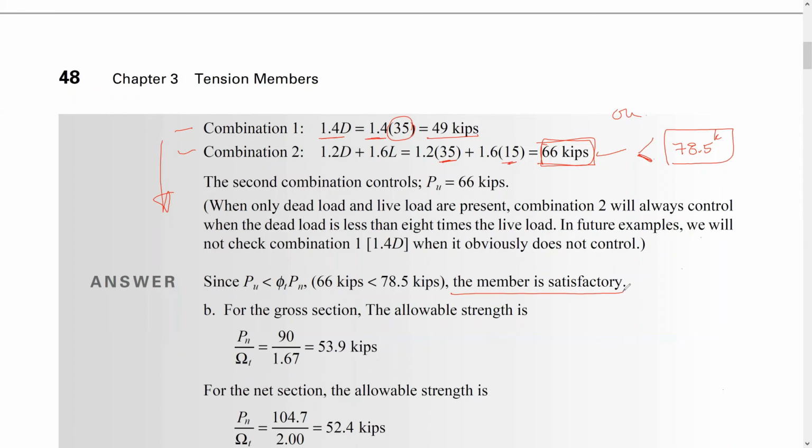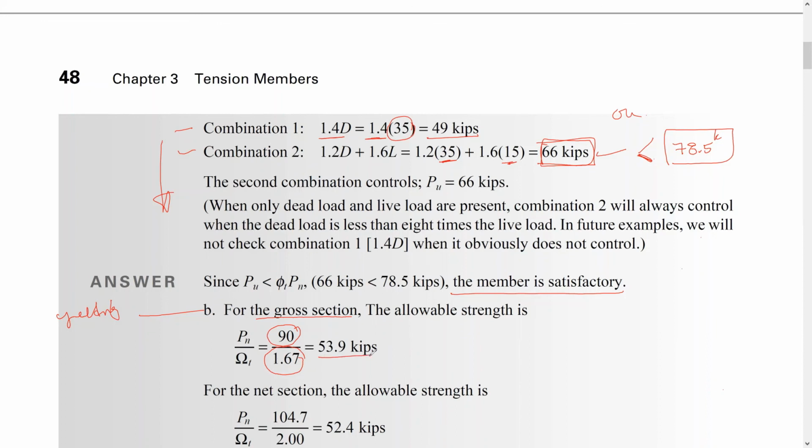Okay, right now let's go through the ASD method, because in part B it's mentioned that let's use the ASD method. Similarly, guys, the nominal strength for the yielding, here sometimes they call it cross section, but they mean yielding, is going to be the nominal strength we just calculated, divided by 1.67, which is the safety factor for yielding.